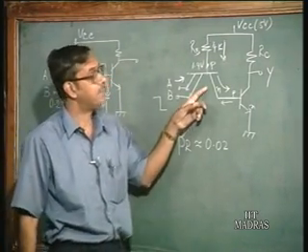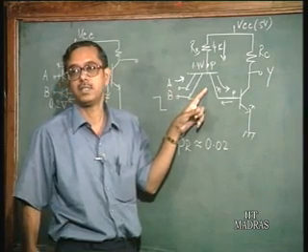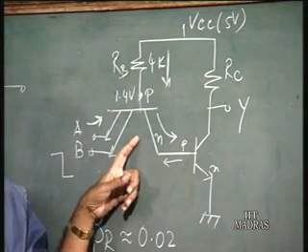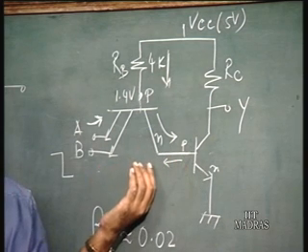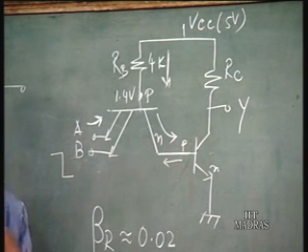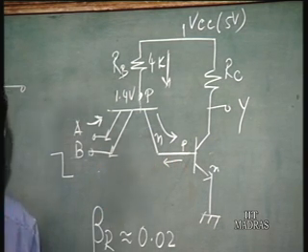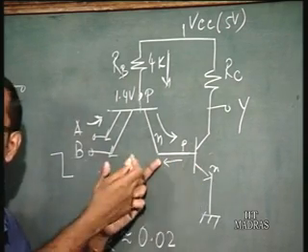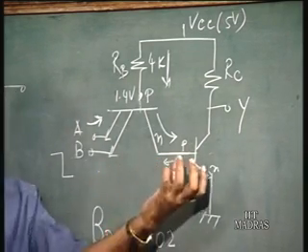And if the beta of this transistor is say, even conservatively, 25, the collector current should be around 25 milliampere. It can support a collector current of 25 milliampere. So a large current will flow out of the base of this transistor because there is charge stored.